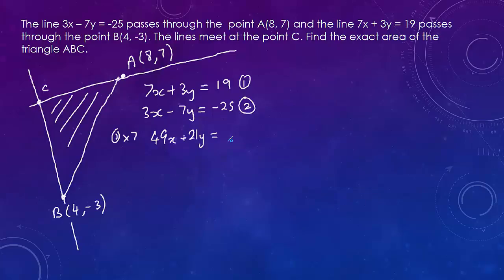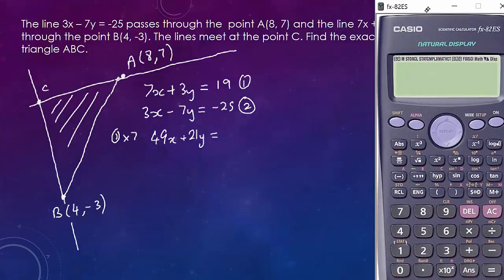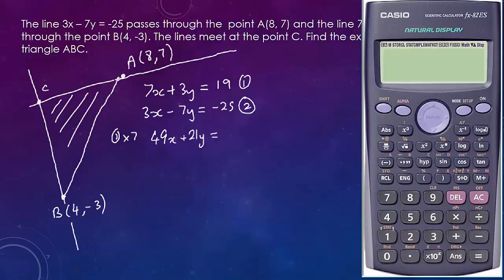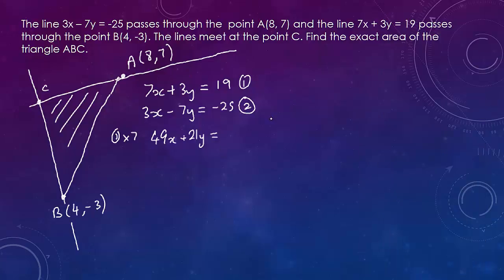And I think I'm going to use the calculator here. I've got 7 times 19 to do. It's 133. So 133. And I'll do equation 2 and I'll multiply that by 3. So that gives me 9x take away 21y is equal to negative 75.